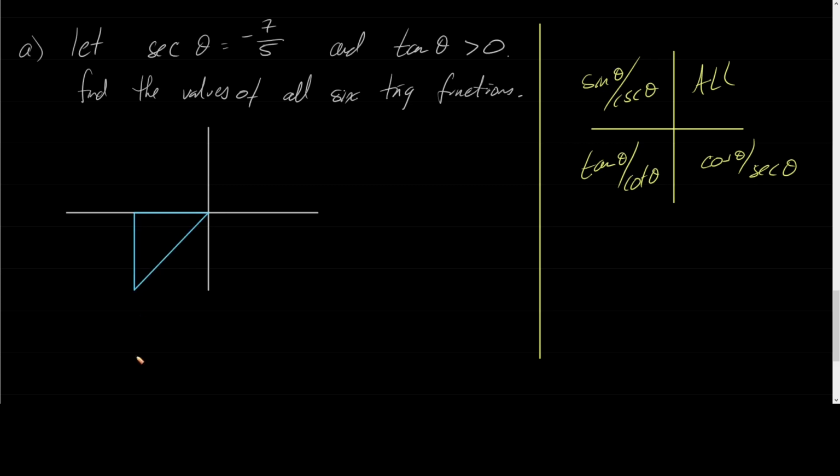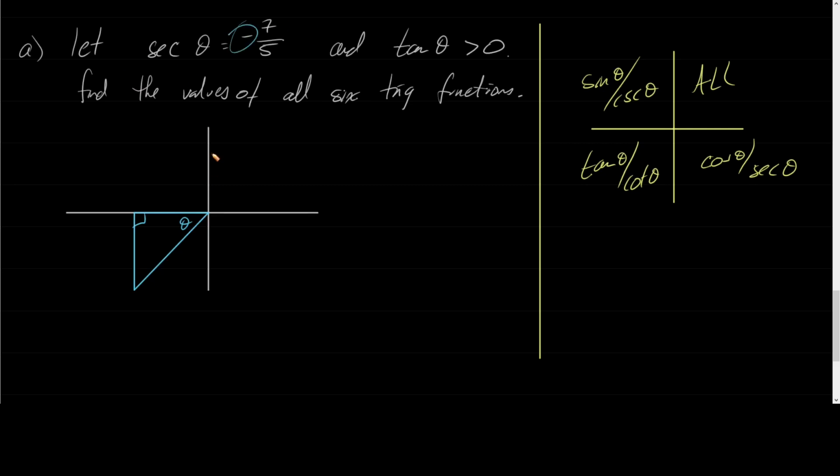That's the triangle that's implied, where technically this entire thing is theta, but we can just use reference angles and work with this theta down here. Since secant theta is -7/5, and secant is the reciprocal of cosine, where cosine is adjacent over hypotenuse, this would be hypotenuse over adjacent. But the thing is, this is negative.